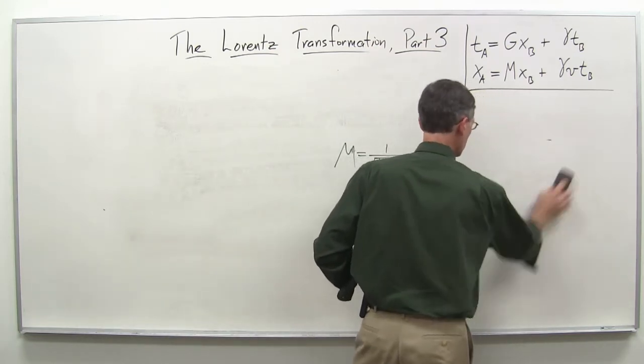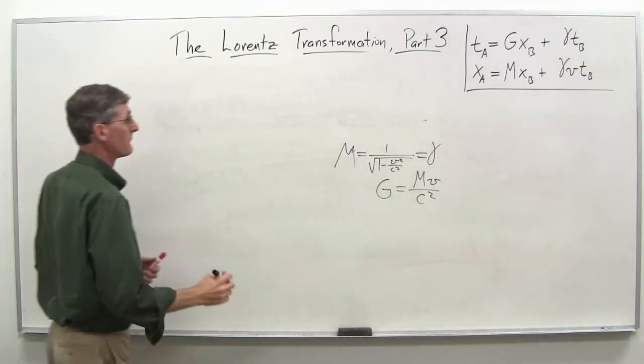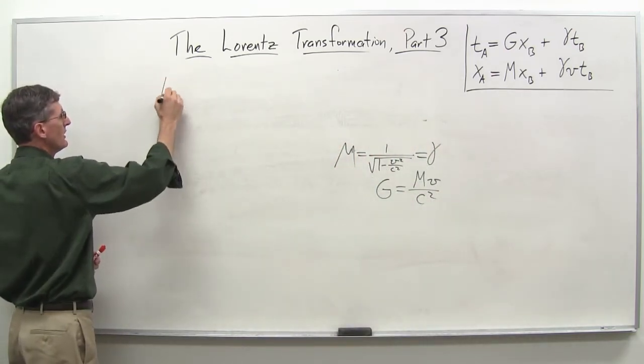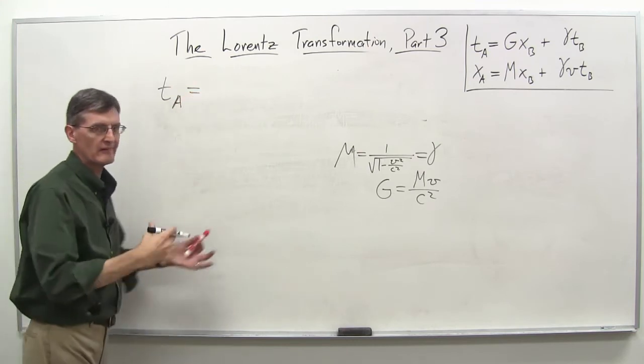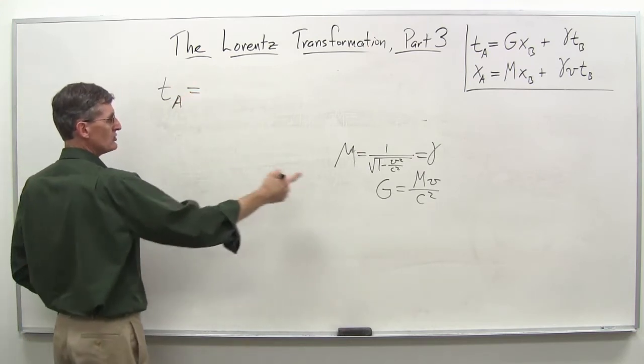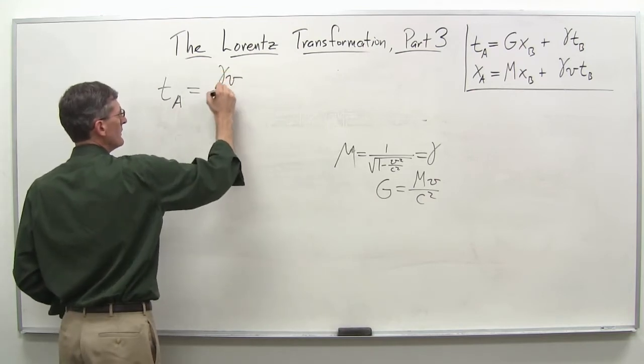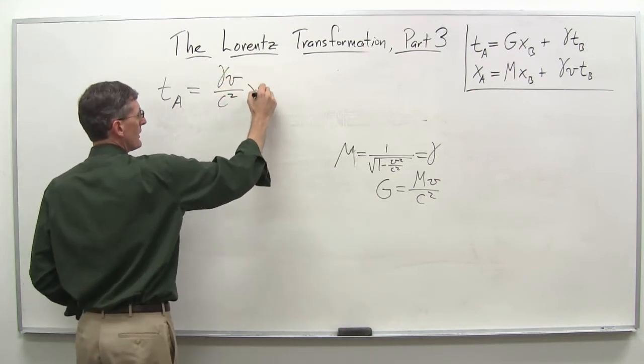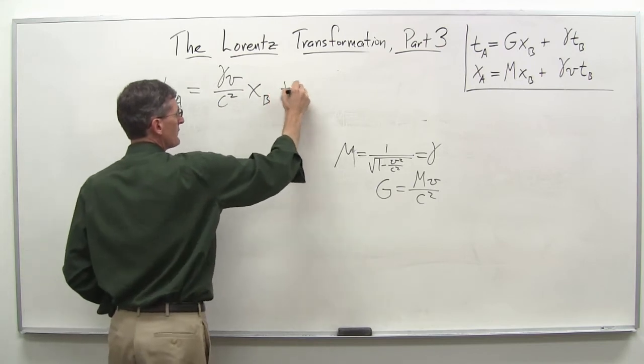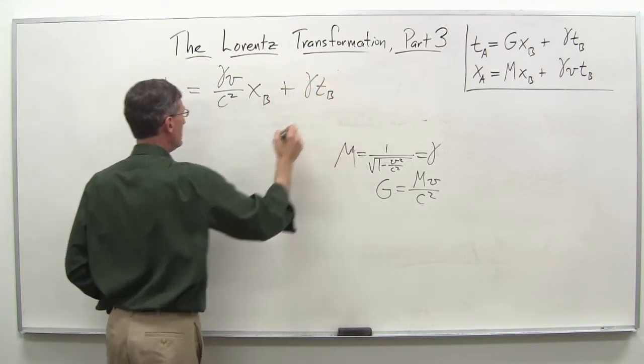So we have the final result here, or we're going to rewrite it in slightly different form. G was gamma v over c squared. So I've got gamma v over c squared times XB plus gamma TB.